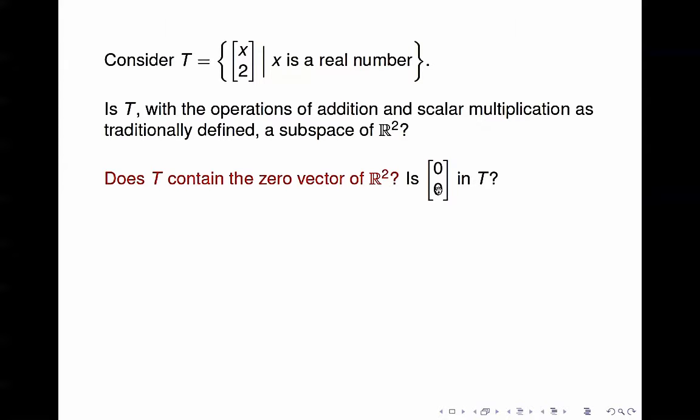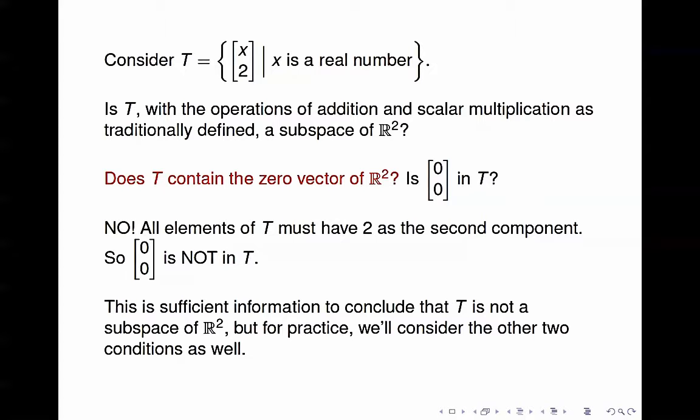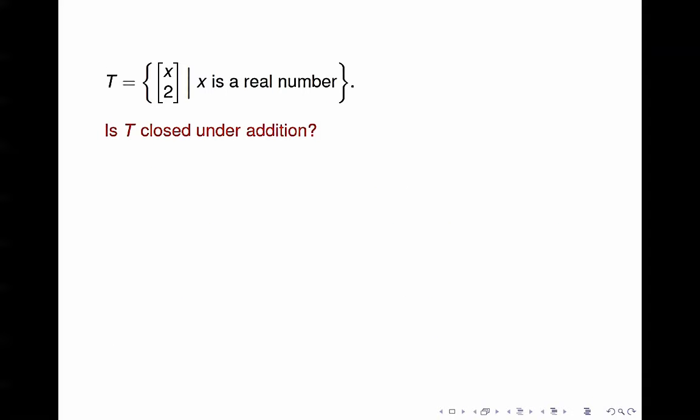Because the second component here is 0. To be in T, the second component has to be a 2. Okay, so (0, 0) is not in T. At this point, we could stop and say, nope, T is not a subspace of R2 because it doesn't contain the 0 vector of R2. But for practice, let's keep going and consider the other two conditions.